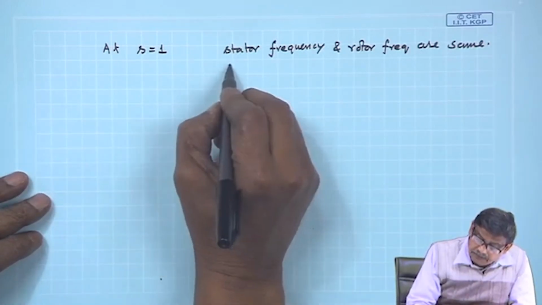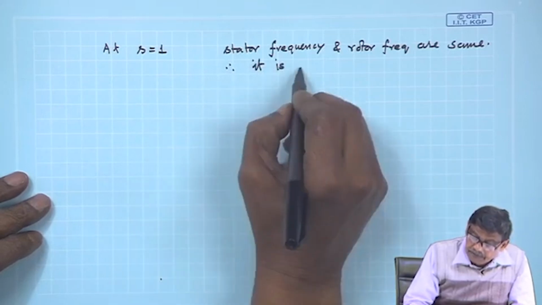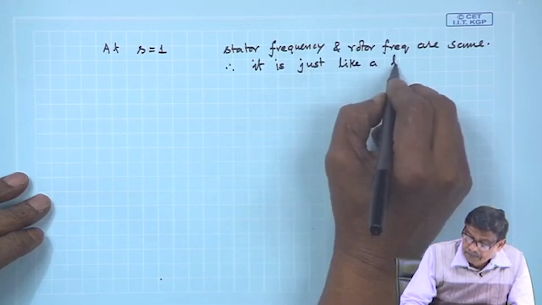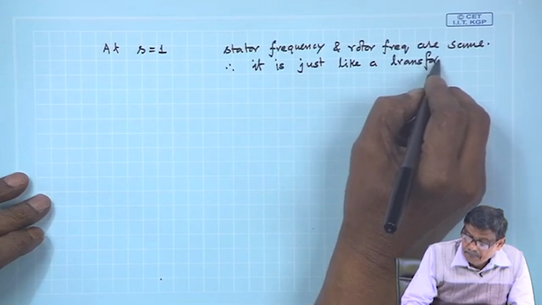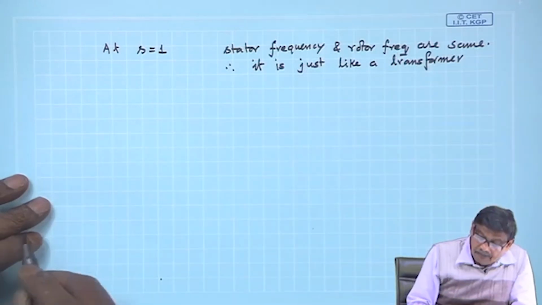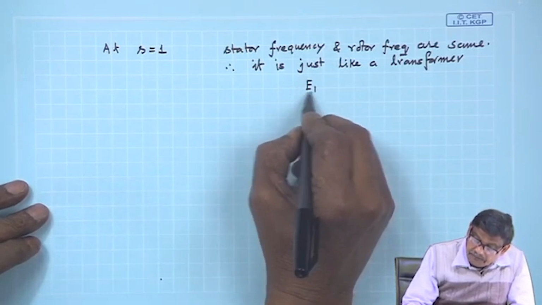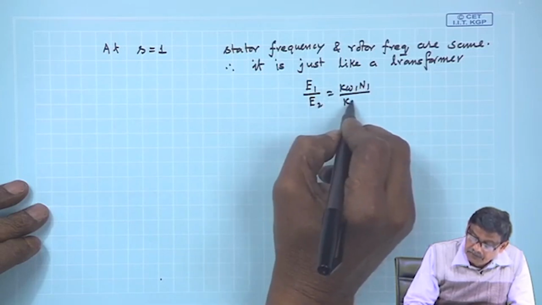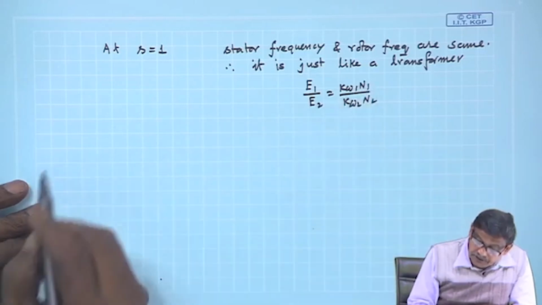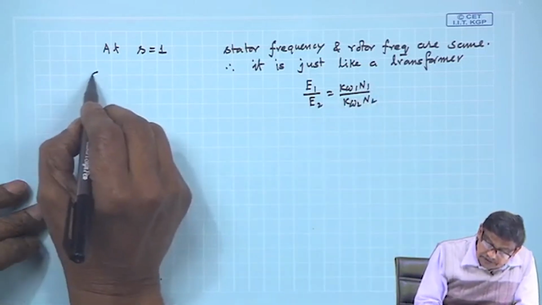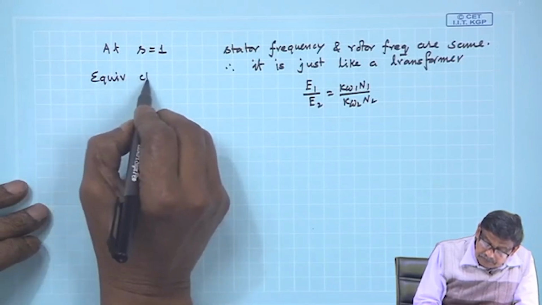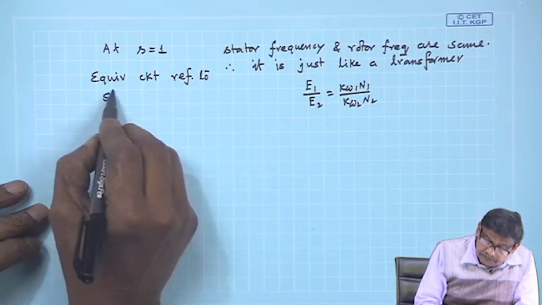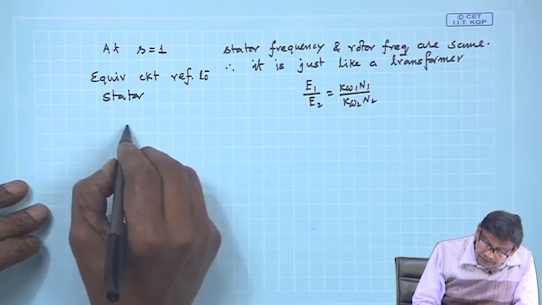Therefore, it is just like a transformer, because E1 by E2 is equal to Kw1 N1 by Kw2 N2, the effective turns ratio, and the equivalent circuit referred to the stator will be simply this.